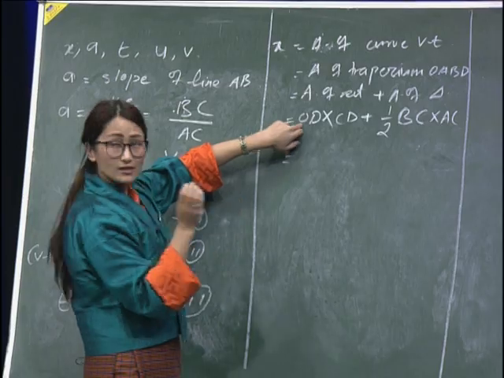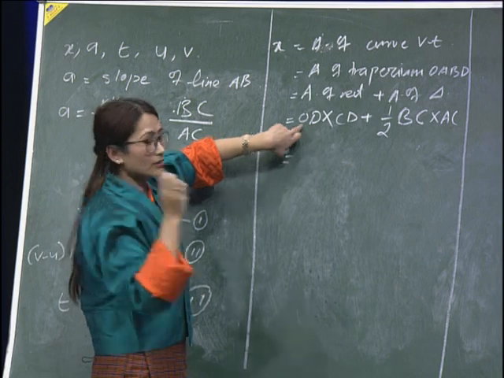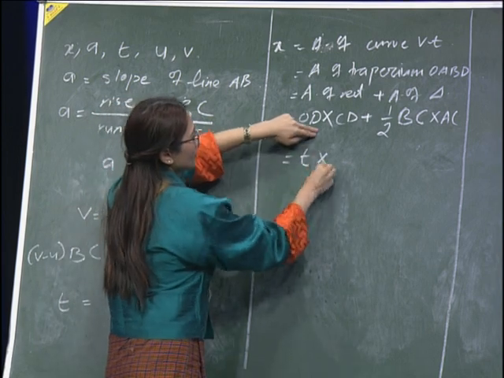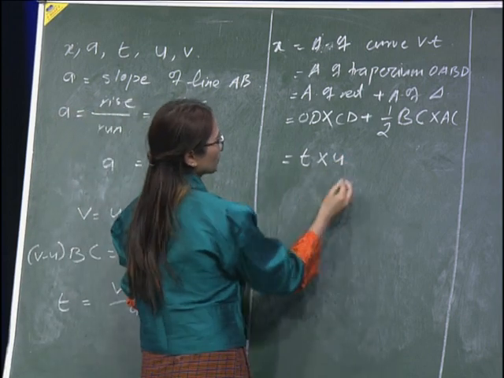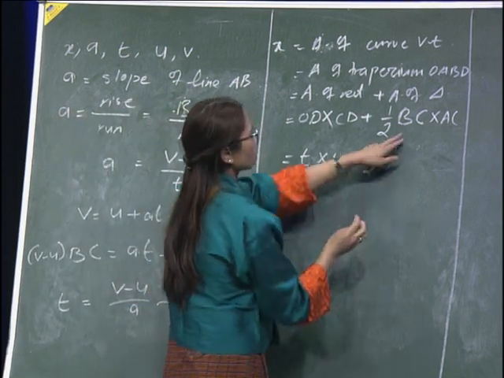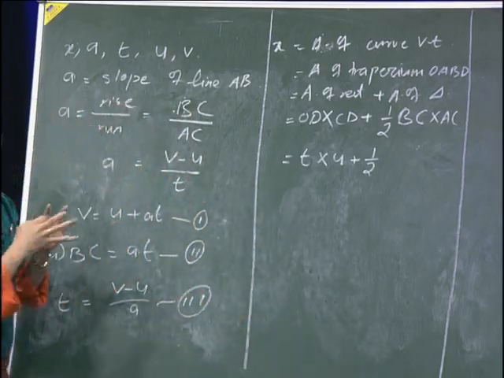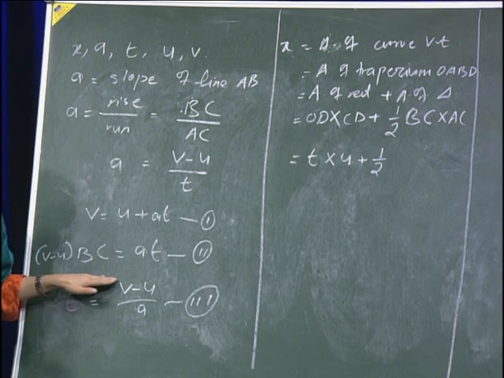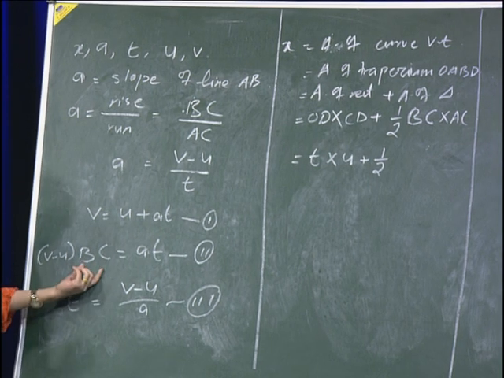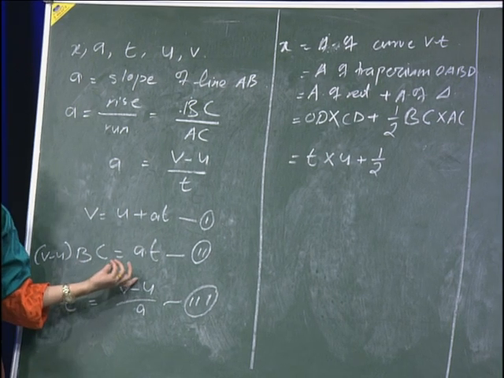Okay. So, our OD basically from the graph is T, then from the graph CD is U, plus half BC. Now, we will take this BC as AT from the previous equation, where we have seen that BC is actually equal to AT.